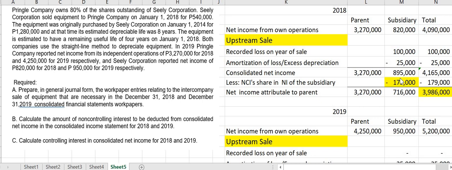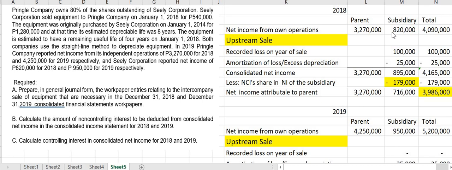Since this is an upstream transaction, to adjust, in the year of sale for 2018, of course, we'll add back the loss. Because the net income reported of the subsidiary includes the loss, meaning, nakadeduct na dyan yung loss on sale for the property, plant, and equipment.